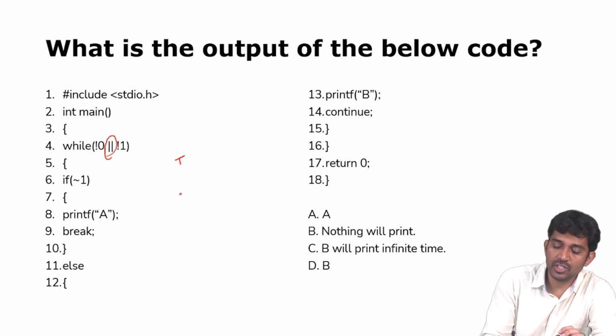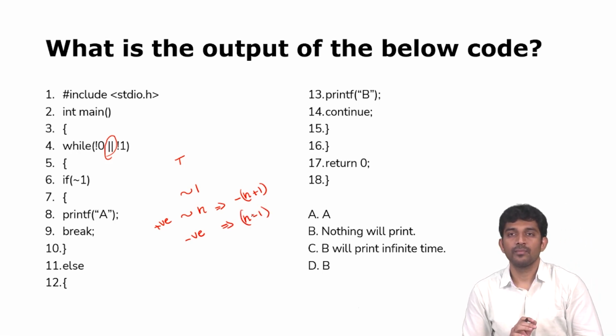Simply, if you apply this operator, there is a formula. Please note this: if n is positive, the negation is minus of n plus 1. If the n value is negative, then the result is n minus 1.